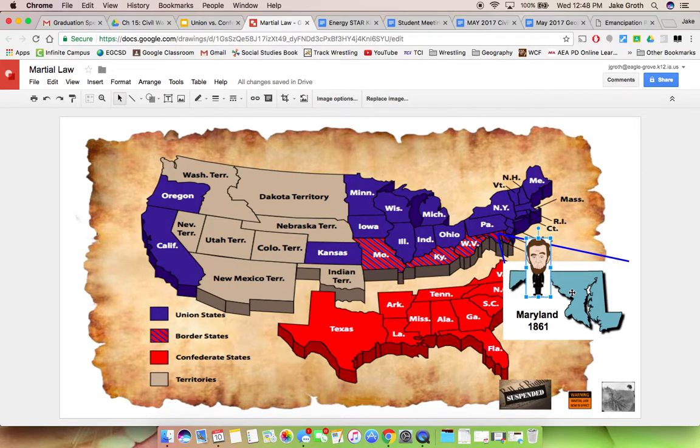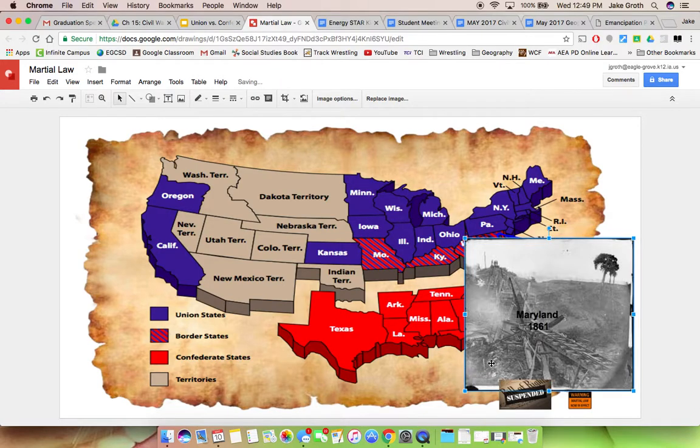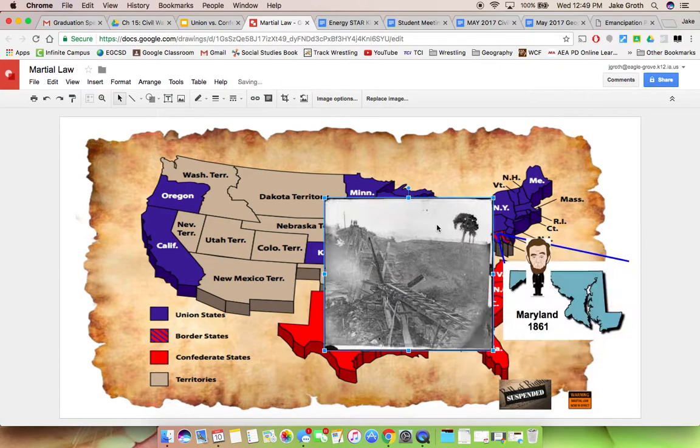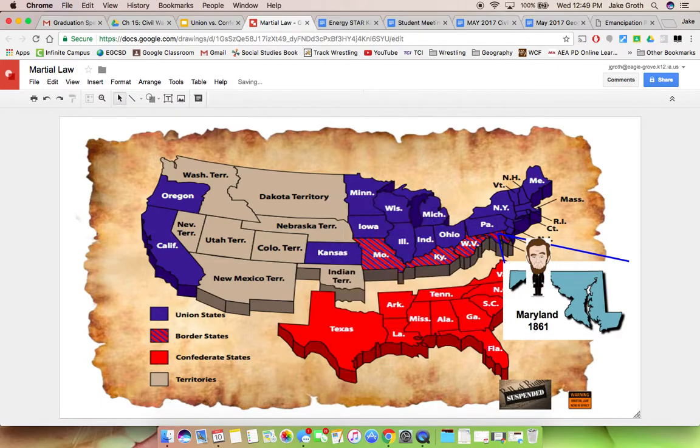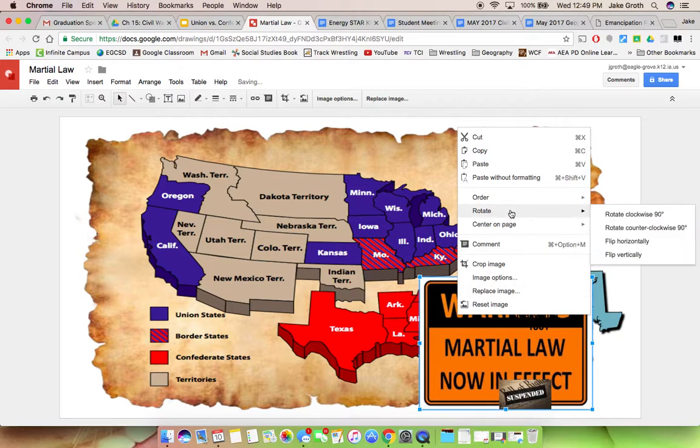So you've got your Southern people destroying railroads and telegraphs, trying to fight the Union without actually having a war. And so here's what they do, right? Here's one of the pictures that you'll see, possibly through your research, where they destroyed some railroad tracks. Okay, so there's that. So he comes down there and he temporarily suspends citizens' rights, and they're not allowed to do anything, right?